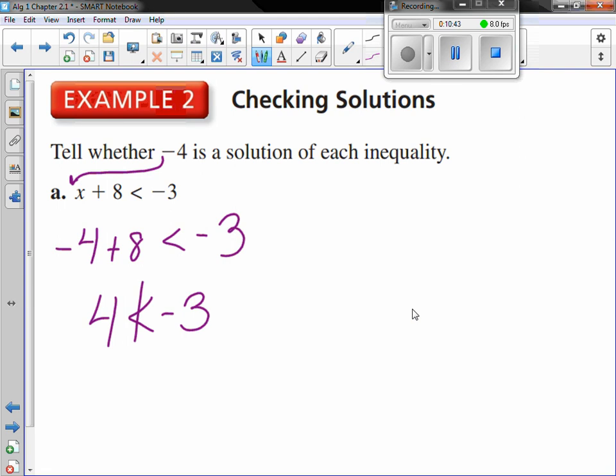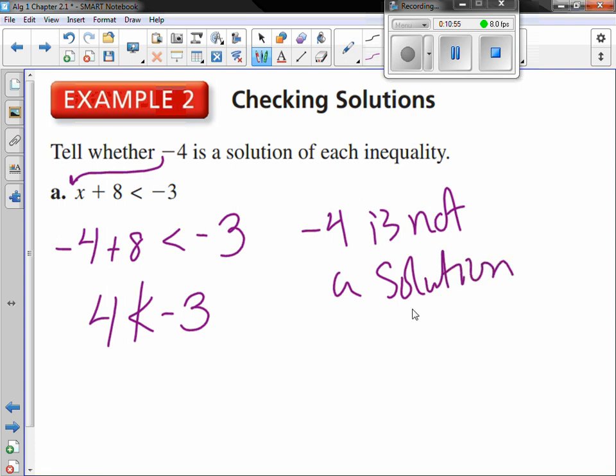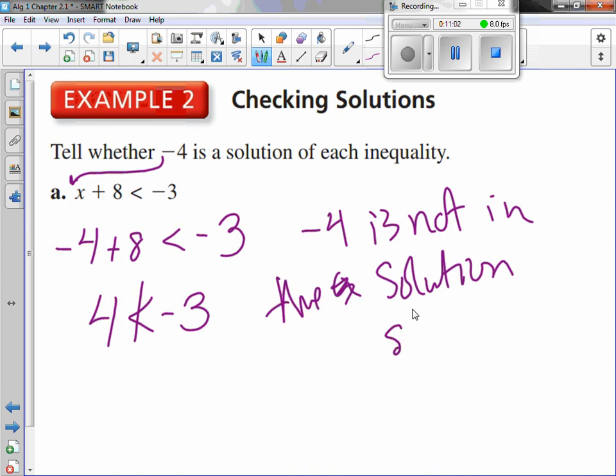No, because it does not give us a true statement. So negative 4 is not a solution, or is not in the solution set. No, it's not in the solution set.